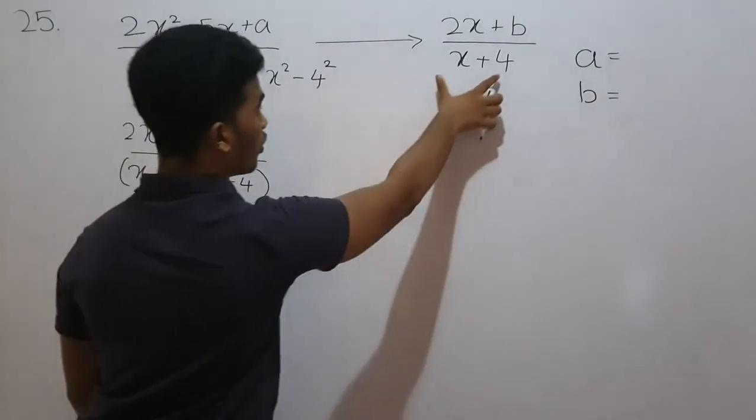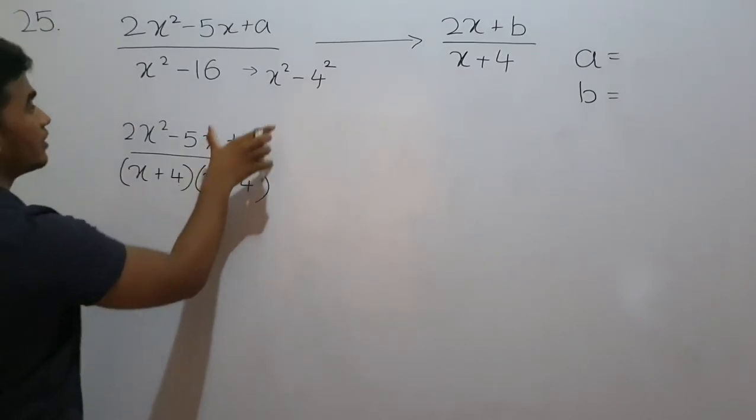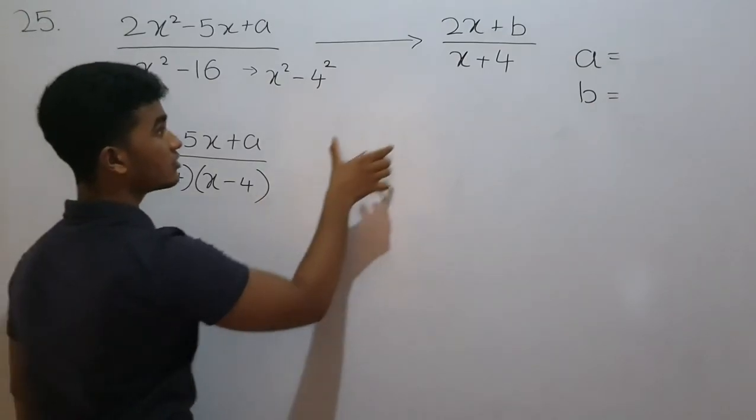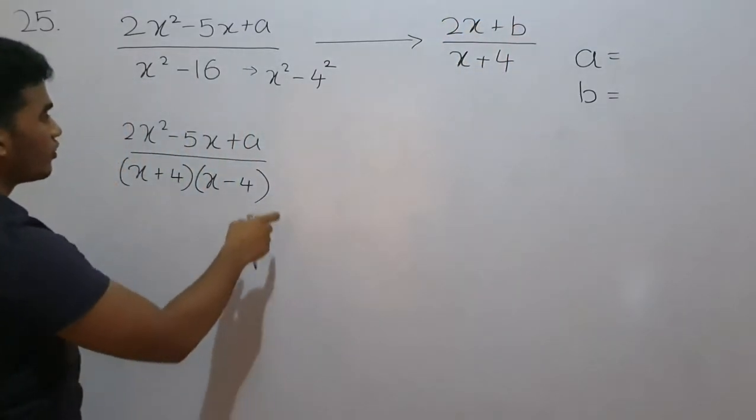But that denominator contains this. So what do you think is being eliminated with the numerator? It is x minus 4. So just multiply x minus 4 with the numerator of the answer, then you will be getting this, right?